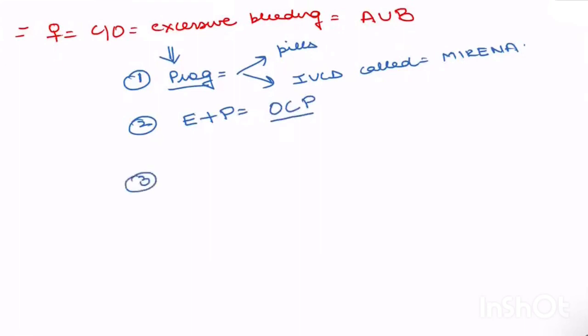And number 3, you can give a non-hormonal drug which is used in any type of bleeding. If a male comes to you with excessive bleeding, or someone has bleeding from the nose, this is used for any type of bleeding, and that is tranexamic acid. So the 3 drugs you can use in all females who come with atypical uterine bleeding are progesterone, estrogen plus progesterone, that is oral combined pills, and tranexamic acid.